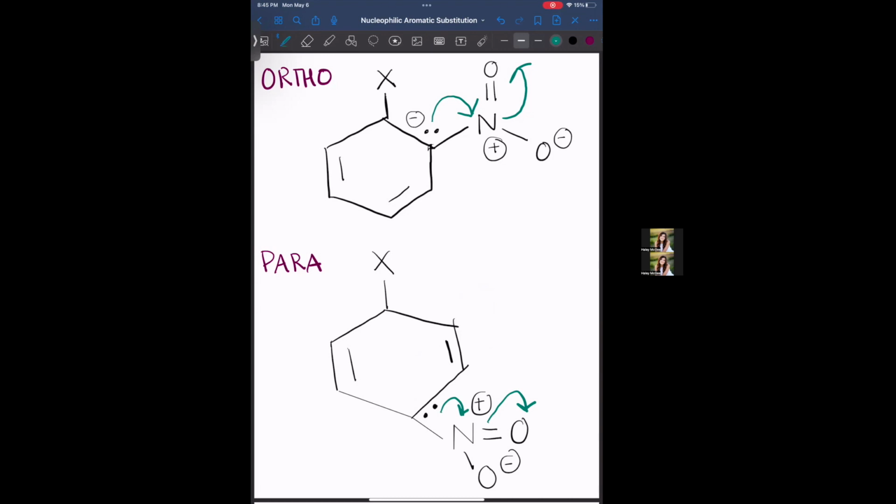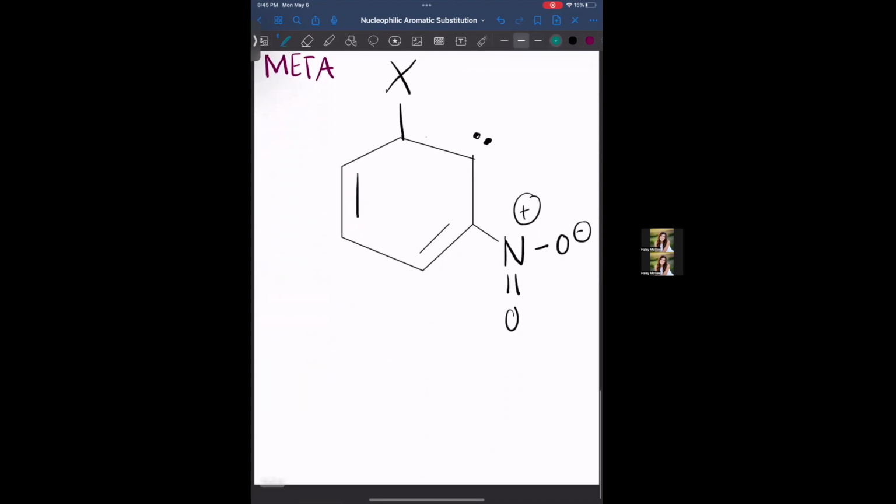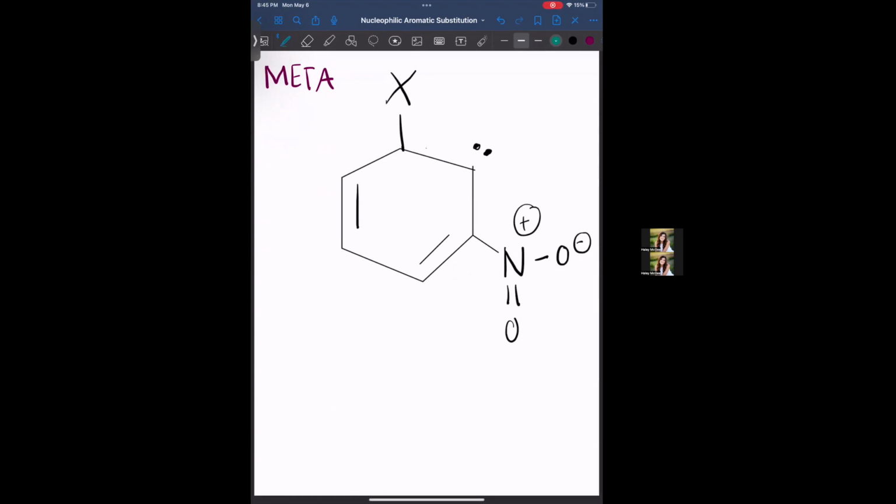But what if our electron withdrawing group is at the meta position? At the meta position, we're not able to push these electrons onto this carbon. Instead, through resonance, they're going to want to jump right here.